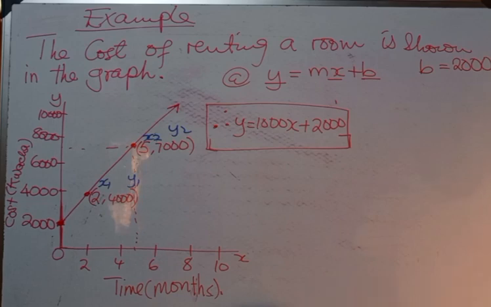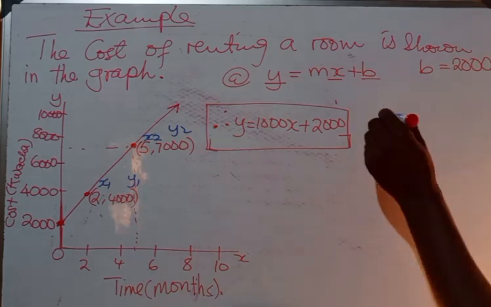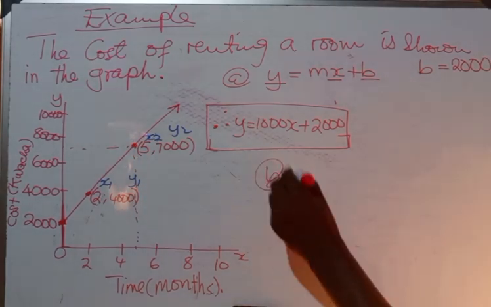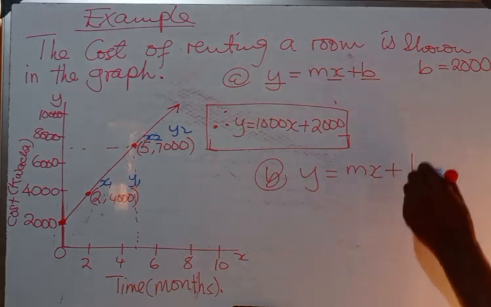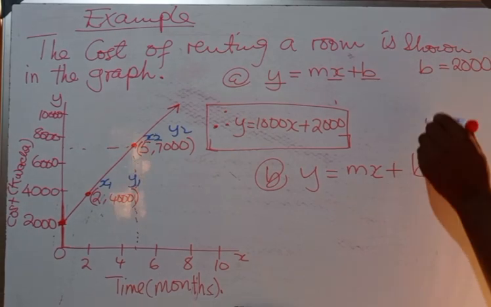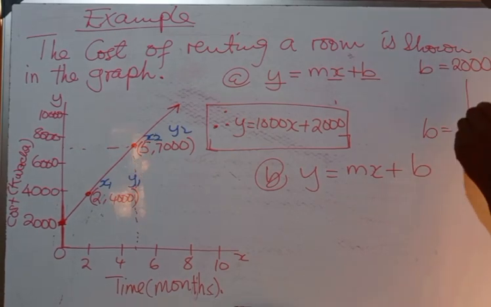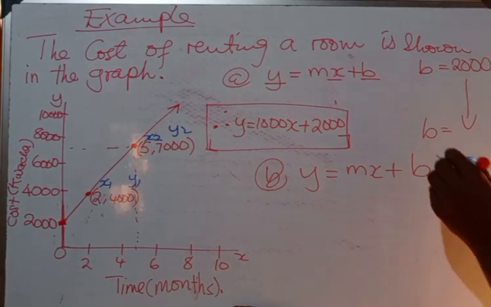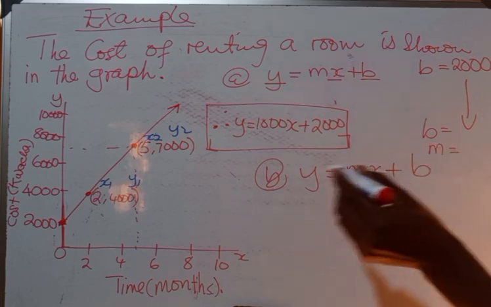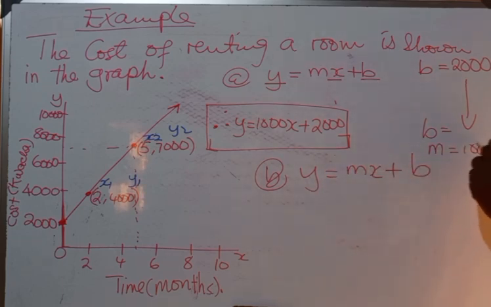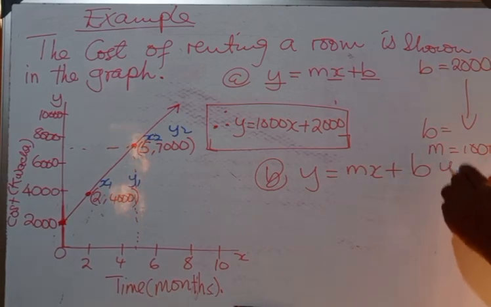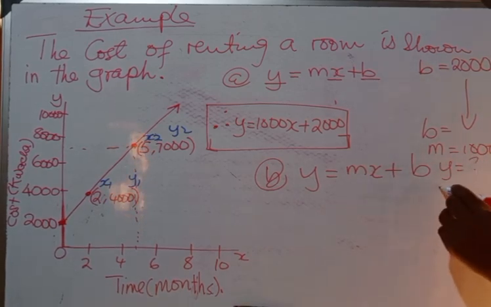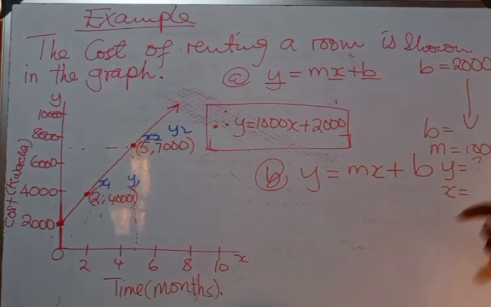Remember, we have our equation, y is equal to mx plus b. The b is the constant number, it has not changed. The m also won't change because that is the gradient, it is 1,000. The y is the one we are looking for. What about x?